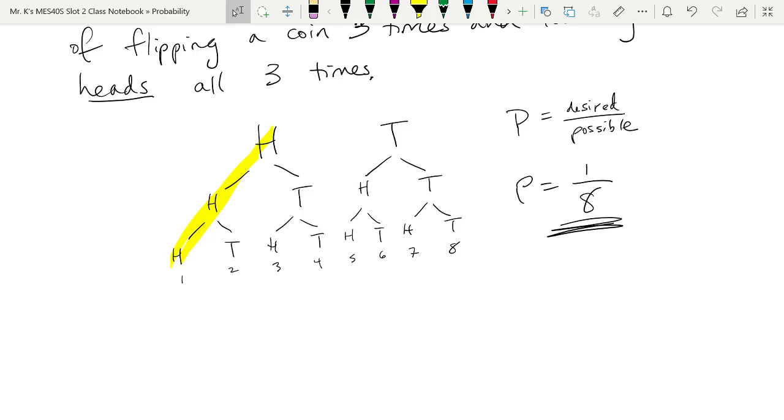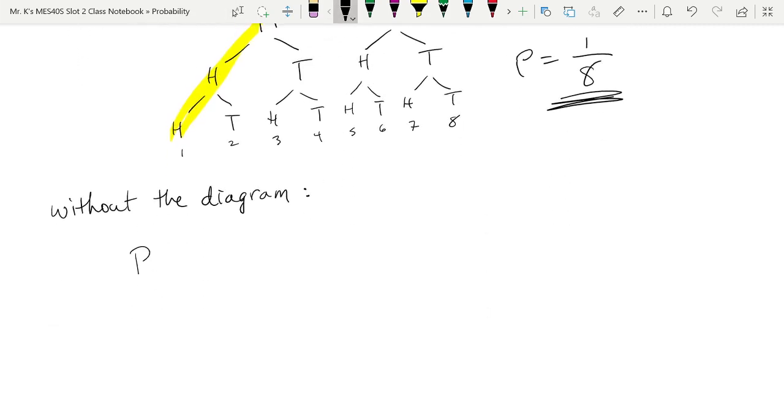In this case, event C is my third flip. So without the diagram, the math is probability of heads, heads, heads is 1/2 times 1/2 times 1/2.